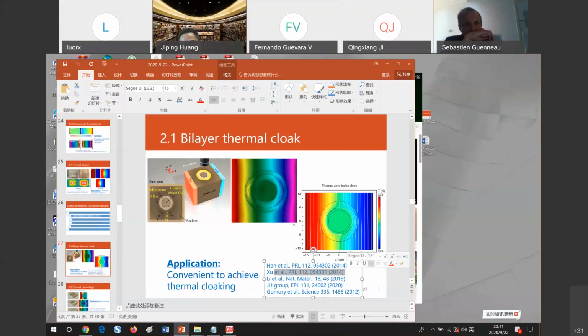So I think this is the reason why the authors always prefer to fabricate a 2-dimensional thermal cloak. Any fabrication is okay, as long as we can reveal a new physical phenomenon. So this is my viewpoint. I'm not sure what your opinion is.